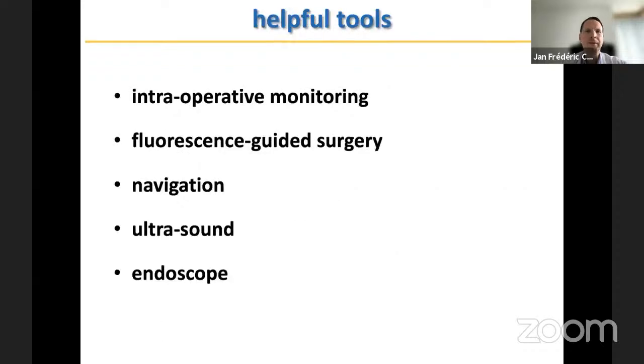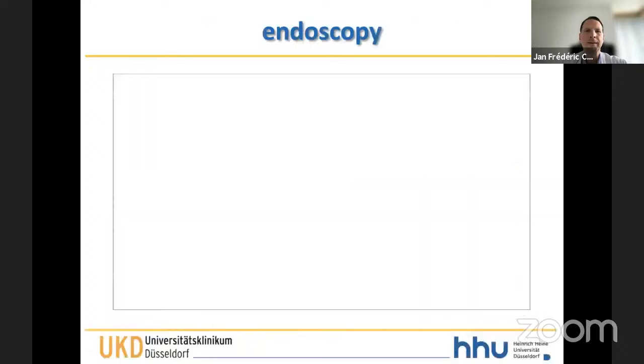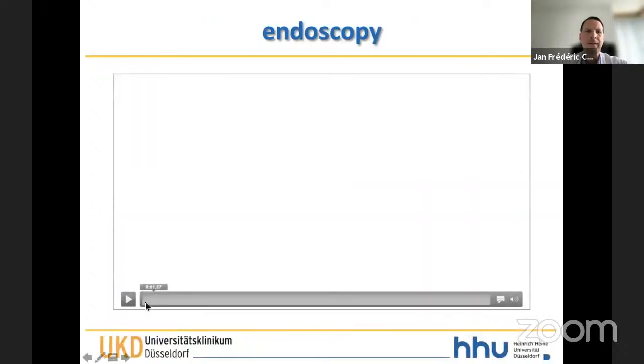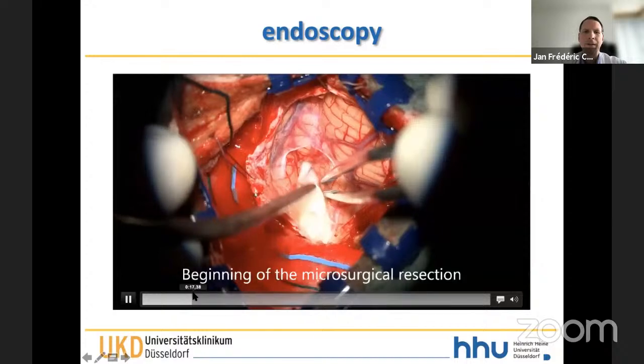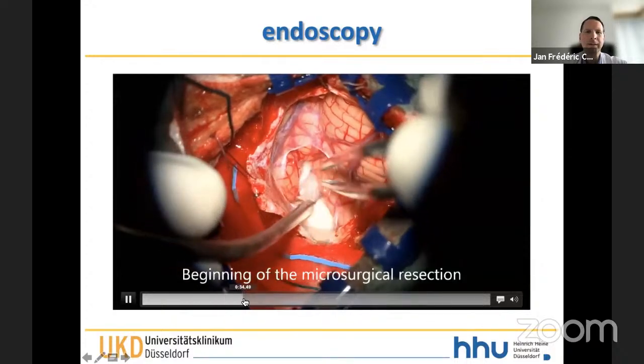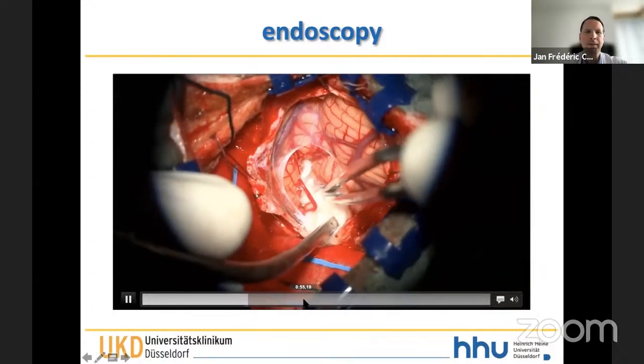Some helpful tools that were already mentioned: intraoperative monitoring, we used to use it. Then in some cases also fluorescence guidance, navigation, ultrasound, or the endoscope. So here, I think we will get some very nice pictures from Henry later, but this was just to illustrate. Here's an epidermoid.